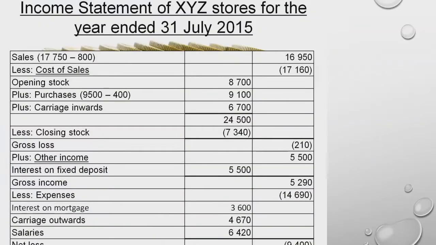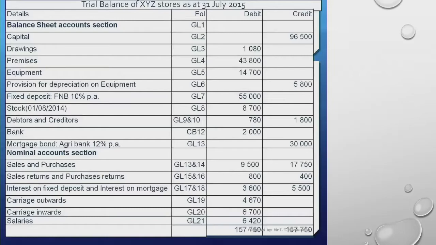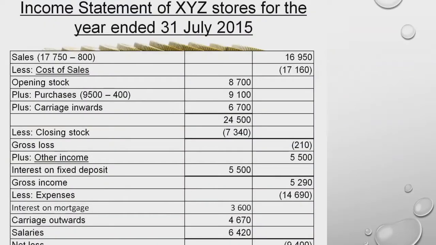Here I have 5,500. Interest on fixed deposit. Yes, on the credit side. You see? So there's a net loss. There is a net loss of how much? The screen is not yet visible on the other side.